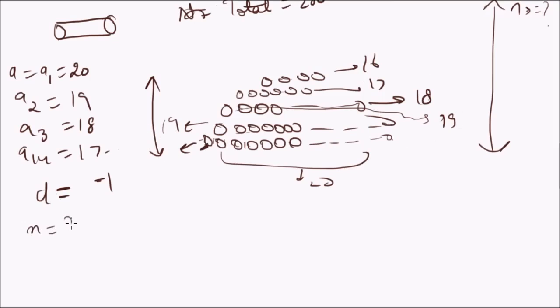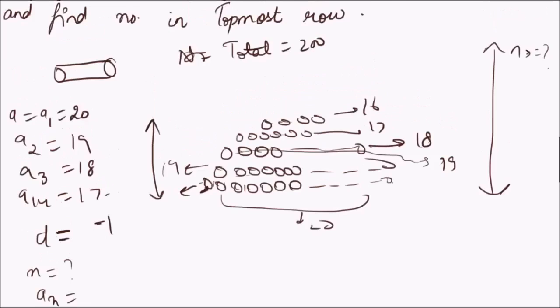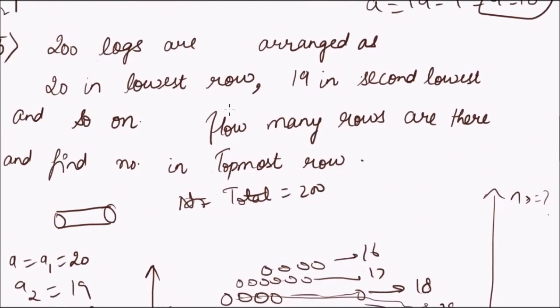Let n be the number of the last row. So we have to find out n as well as an, that is the number of logs present in the last row. Now the total logs are given as 200.